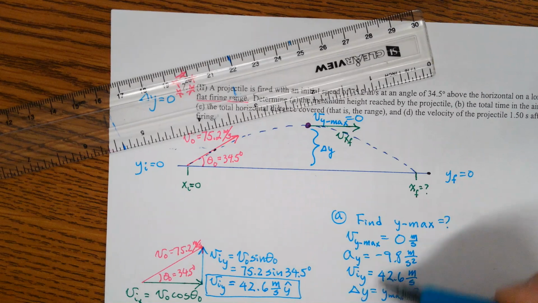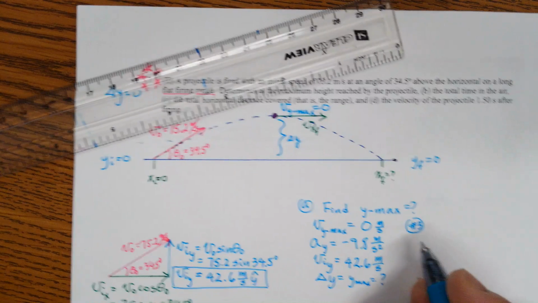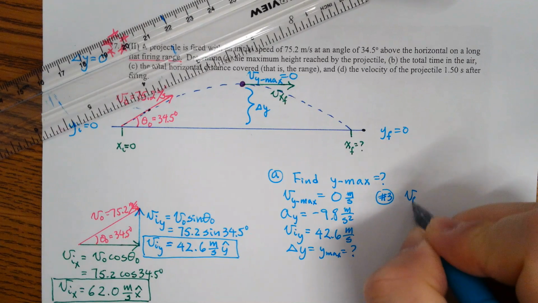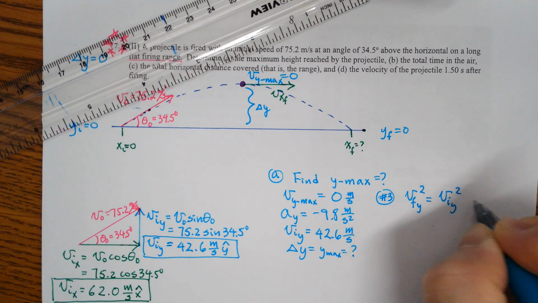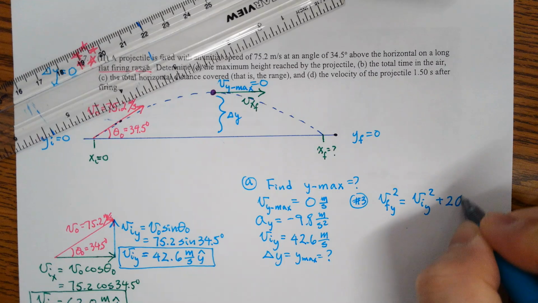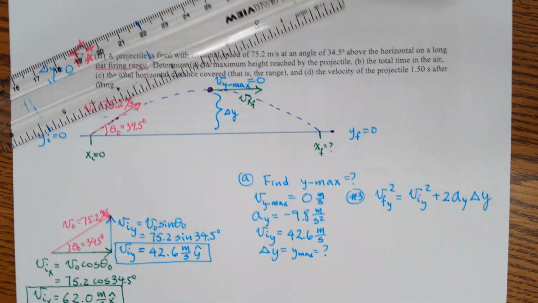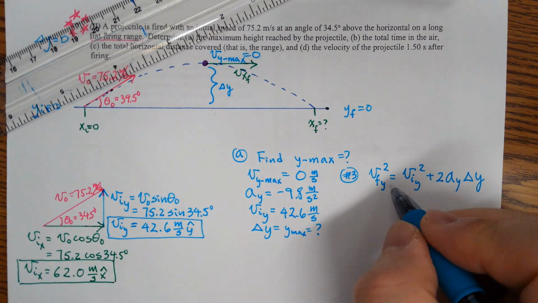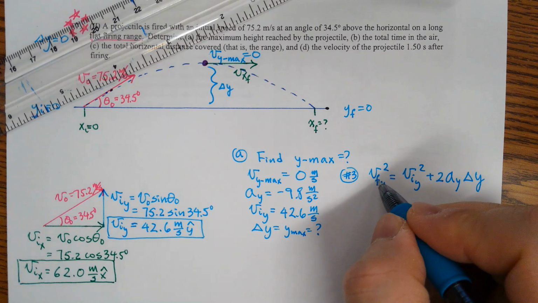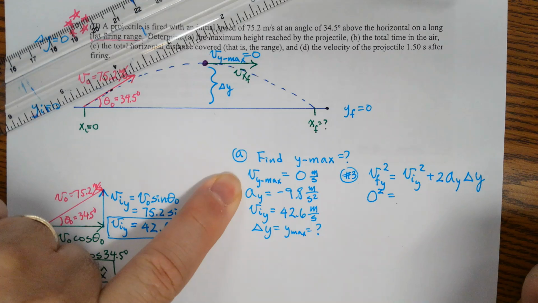It looks like I don't have time here. If I don't have time, I should go for equation number 3. Equation number 3 states Vfy squared is equal to Viy squared plus 2 a sub y delta y. Therefore, your final velocity at y max is 0, and you square that, you still get 0.